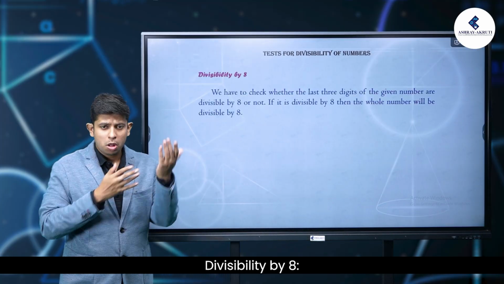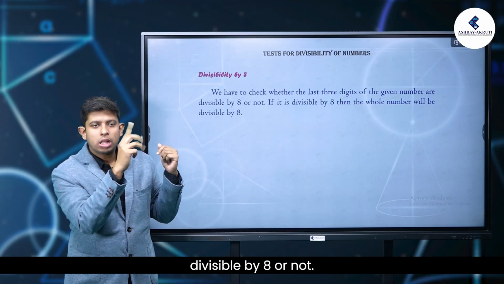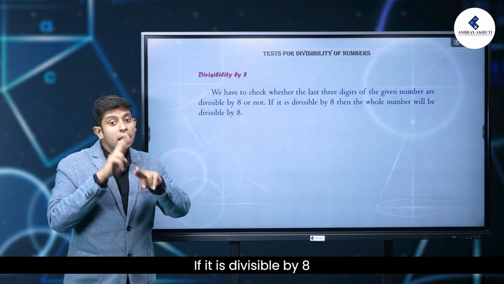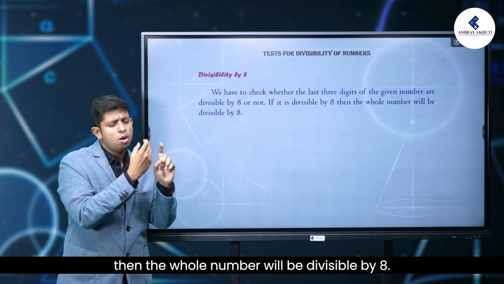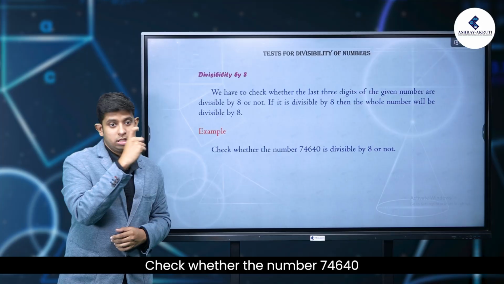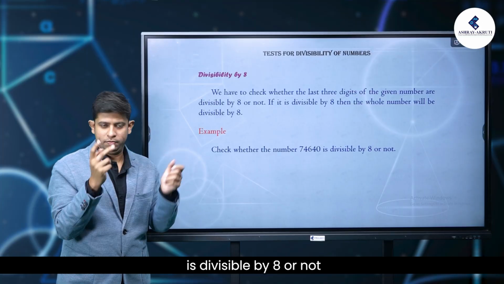Divisibility by 8. We have to check whether the last 3 digits of the given number are divisible by 8 or not. If it is divisible by 8, then the whole number will be divisible by 8. Example: check whether the number 74640 is divisible by 8 or not.